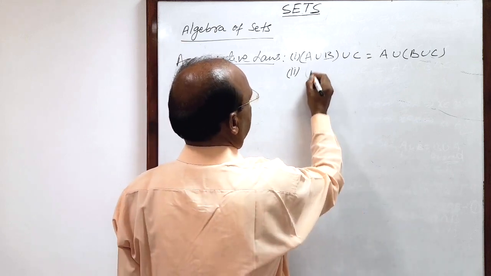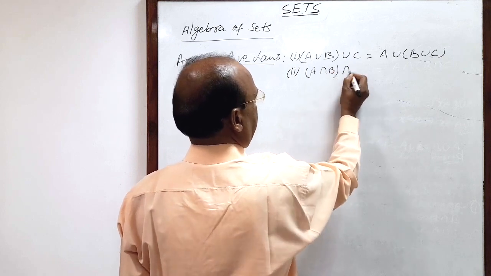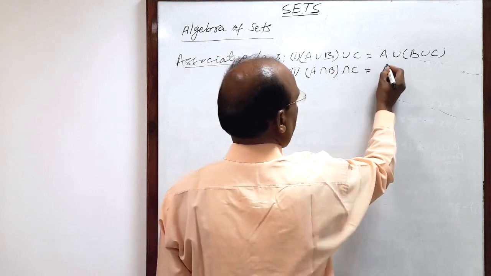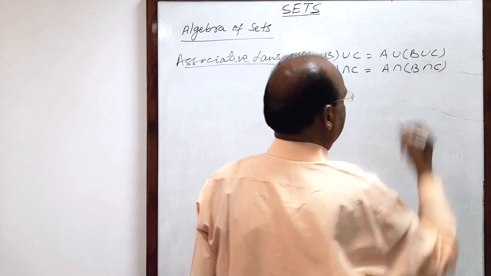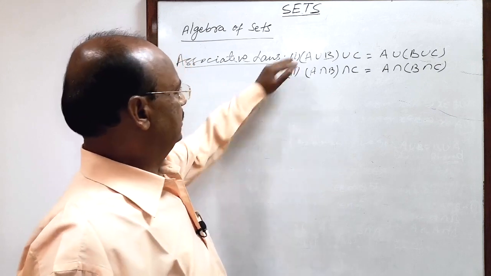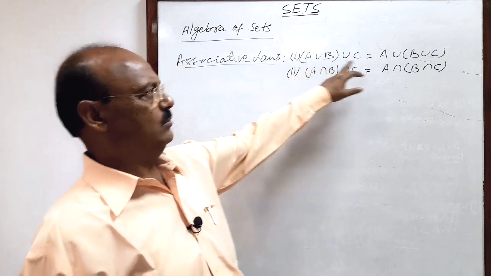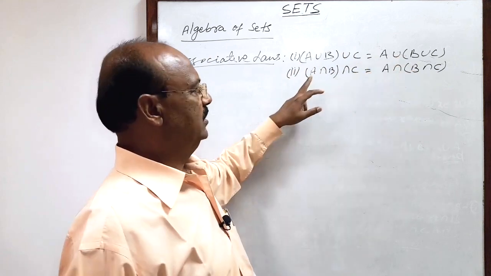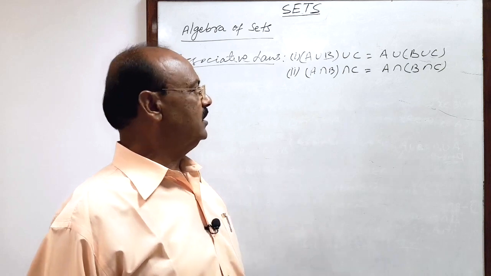This is A intersection (B intersection C) is equal to (A intersection B) intersection C. These two laws are known as associative laws. This is the associative law for union of sets, and this is the associative law for intersection of sets, correct?